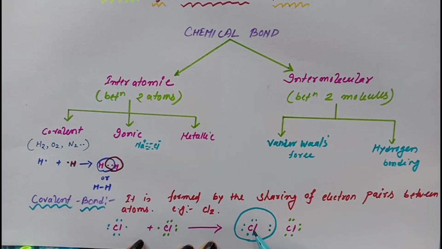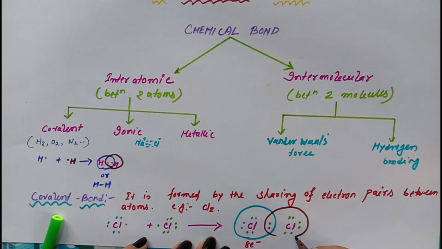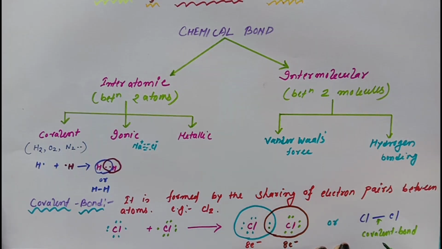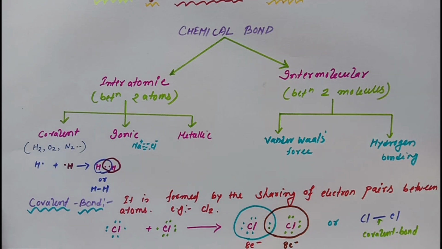So one chlorine atom has completed its valence shell by sharing the other electron, and the second chlorine atom also completed its octet and they formed a covalent bond between these two atoms. So this is the single bond which is formed between the two atoms of chlorine by sharing one pair of electrons. So this is all about today's session.